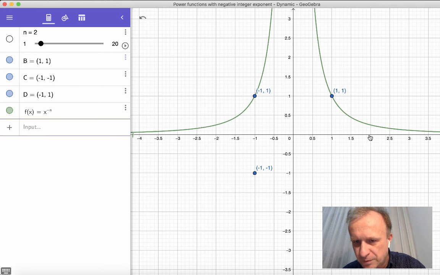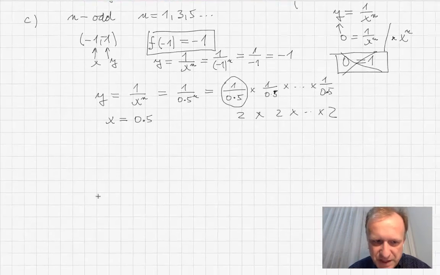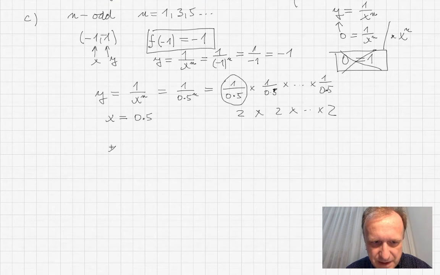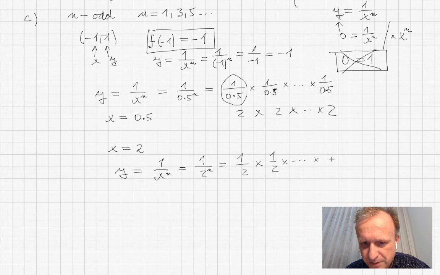Take the value of 2. If I take x equal 2, you see that for n equal 1, the function value is 0.5. So what I say is this. If I take x equals 2, then the function value y equals 1 over x to the power of n, which is 1 over 2 to the power of n, which is 1 over 2 times 1 over 2 times etc. times 1 over 2.